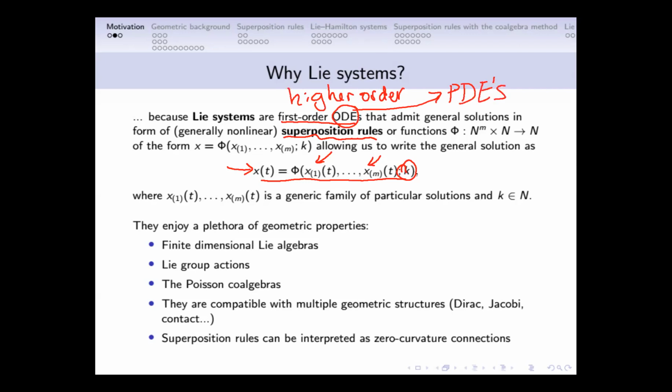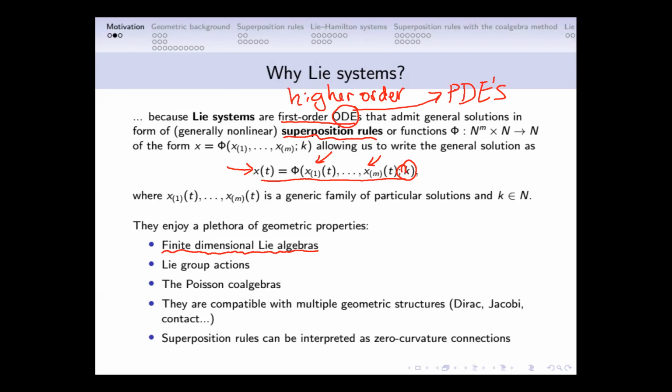So basically, in a first approximation they are defined as first order ODEs, but we'll see we can do more with them. And they enjoy lots of geometric properties, and the most important one for me in this talk is that they have underneath a geometric structure that admits a finite dimensional Lie algebra or Poisson algebra.